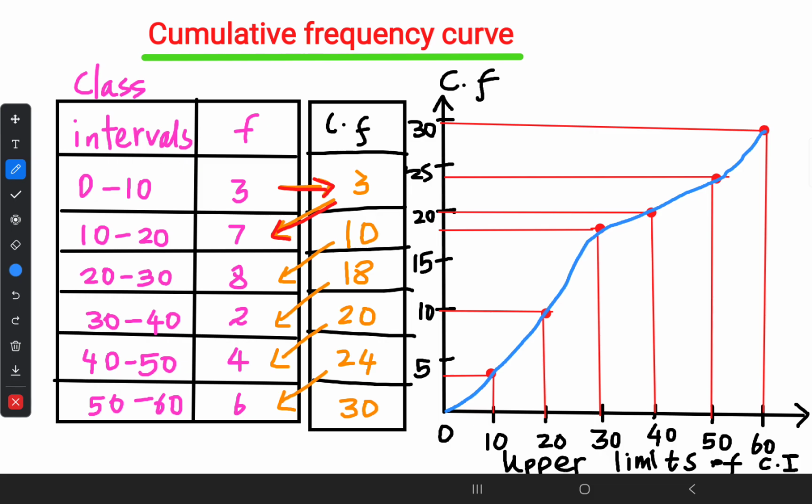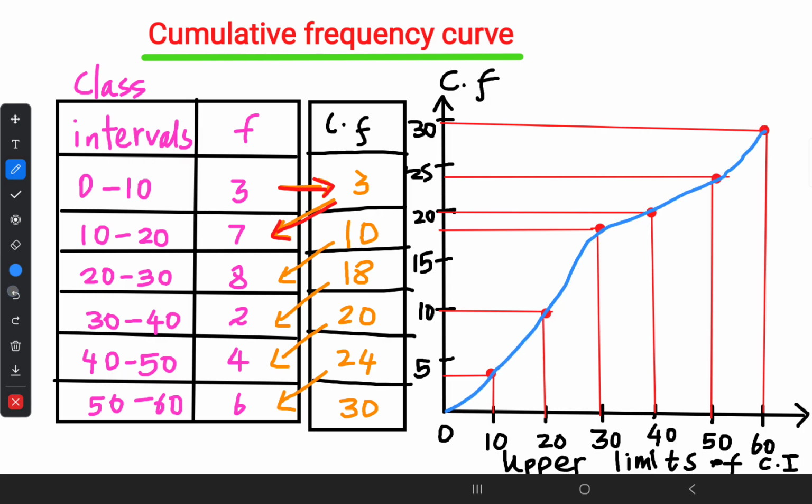This is showing the cumulative frequency of these given class intervals and their relative frequencies. I will repeat it again. Just plot your exact points in this plane. Thereafter, starting from 0, don't use rulers or any kind of equipment. Use your hands to draw this as a curve.